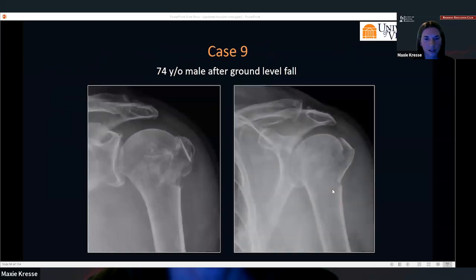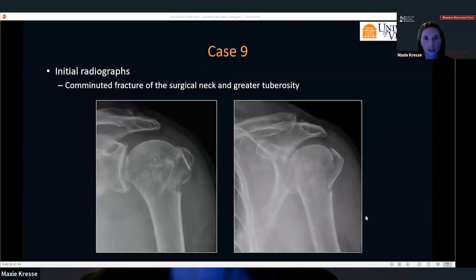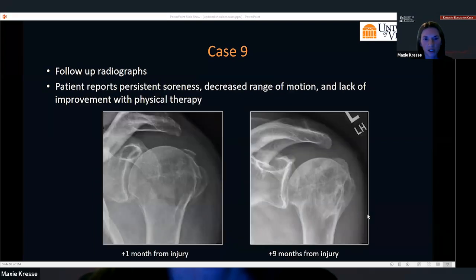Okay, so this case, number 9, is a 74-year-old male who had a ground level fall. Did have a fracture here, fracture of the greater tuberosity, surgical neck. These are initial radiographs. Patient 1 month later, looking like they're healing, not a significant change in alignment.